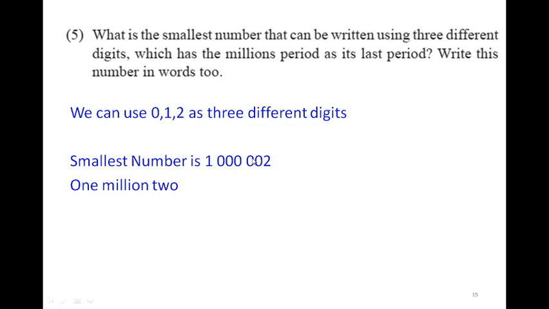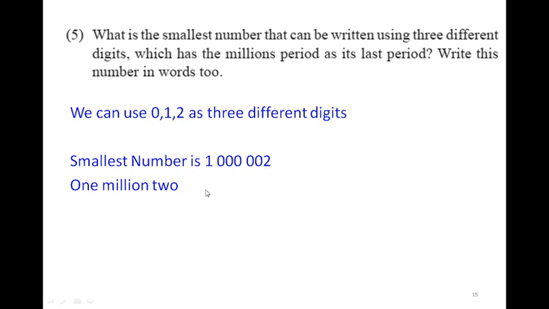If we put it here or here or here, all of those numbers are greater than the number where the 2 is at the end. Okay. So the smallest number that we can write is the one where we put 2 at the end.